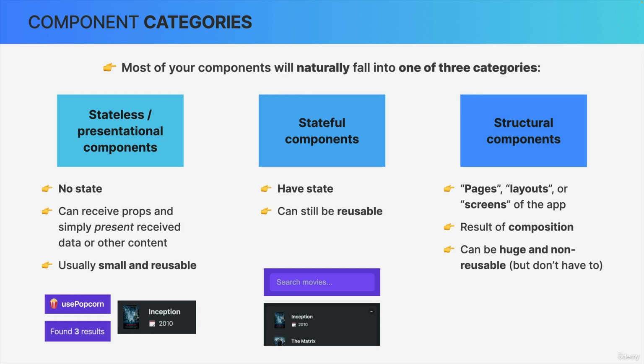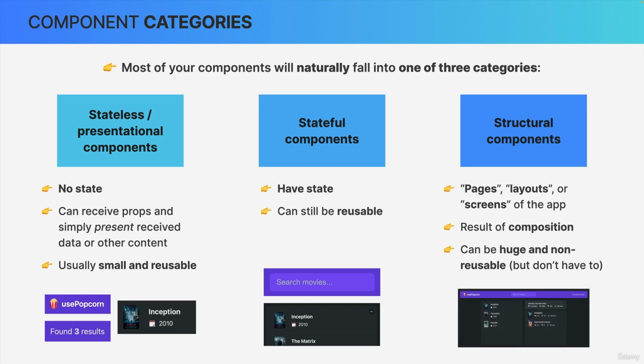Structural components are sometimes quite small too. What matters is that they are responsible for providing some sort of structure to applications, such as pages or layouts. Therefore, these components might not be present in really small apps, but you will definitely have a few structural components as your app grows bigger and bigger.